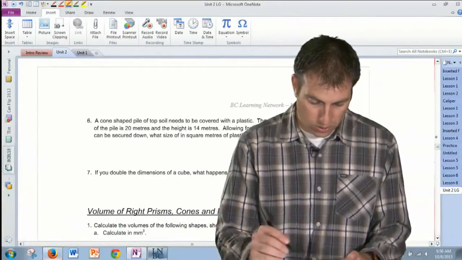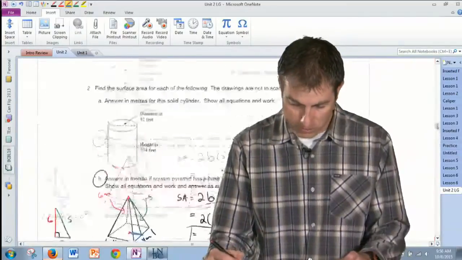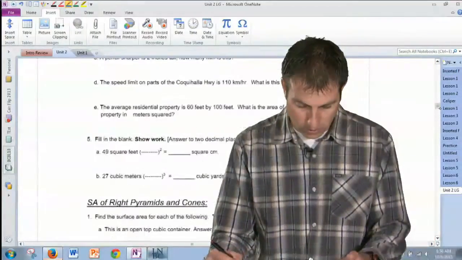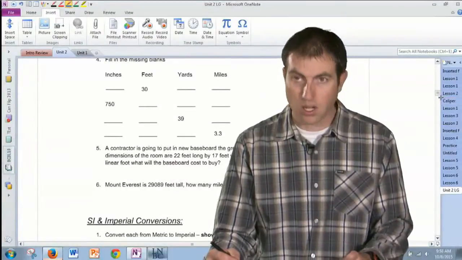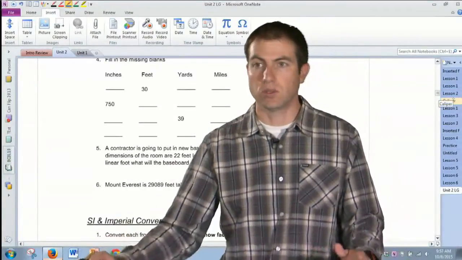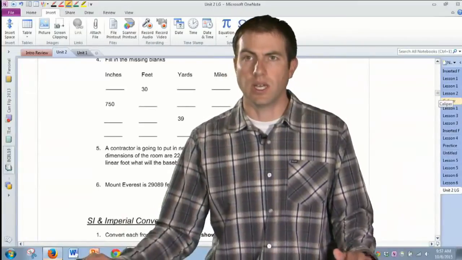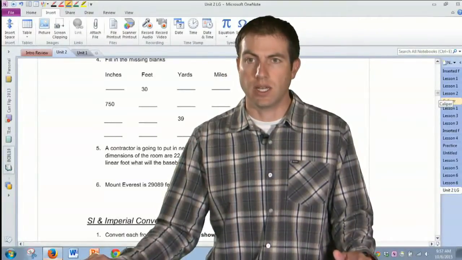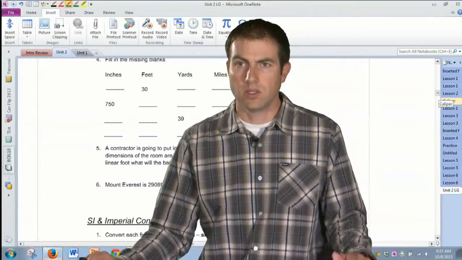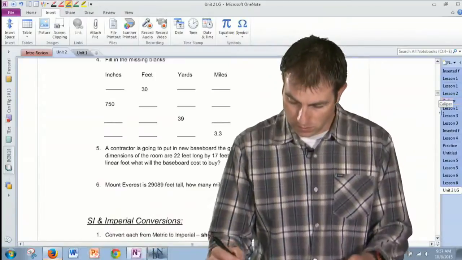Is this the one you're talking about, Taylor? You said above. I'm confused as to which one you're asking about, Taylor, so if you can throw it in again. The sheet, the section, and the number. Surface area of right pyramids and cones, 1C from the learning guide.